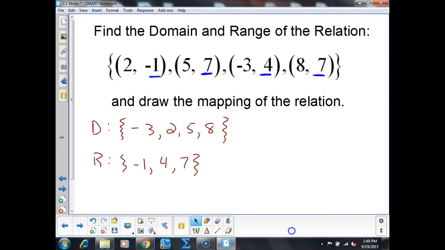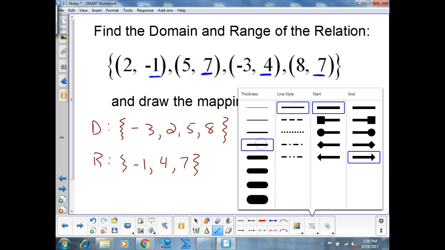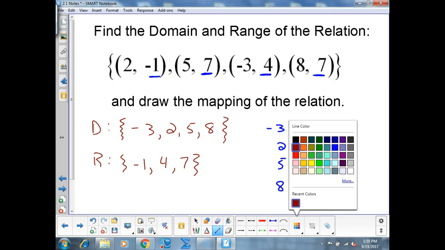Now, to draw the mapping from that, I take my domain and I go -3, 2, 5, and 8. If you want to put it in a box or a big circle or a big oval, that's cool. That's up to you. If you don't, that's fine. Then I take my range and I go -1, 4, and 7. Now I draw arrows to each one.